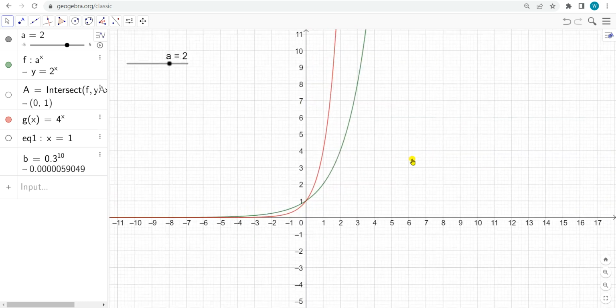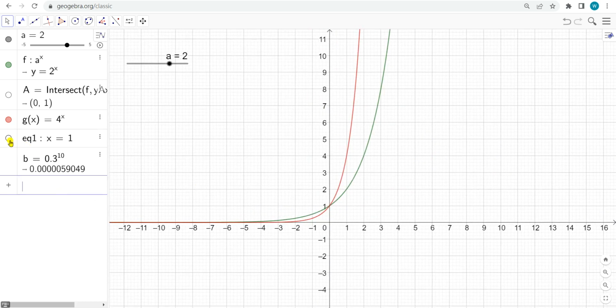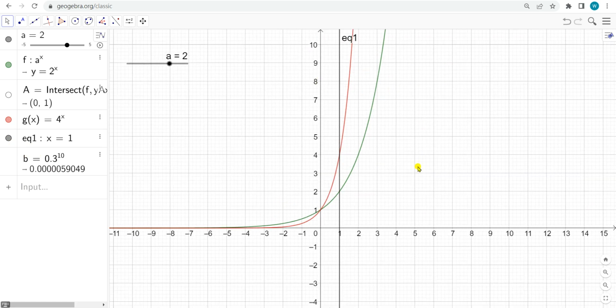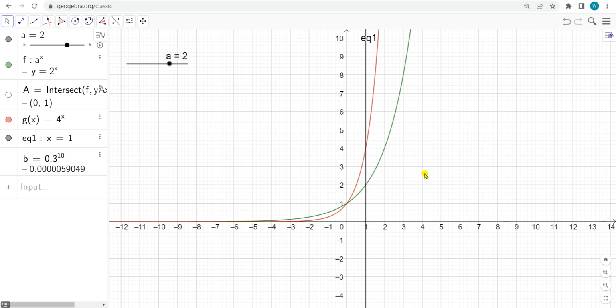We can do it in this way. There's a trick. You draw a vertical line x equals 1. Why? Because when x equals 1, then the value of y will be a to the power 1, that is a. That's the special way to find the value of the bases.